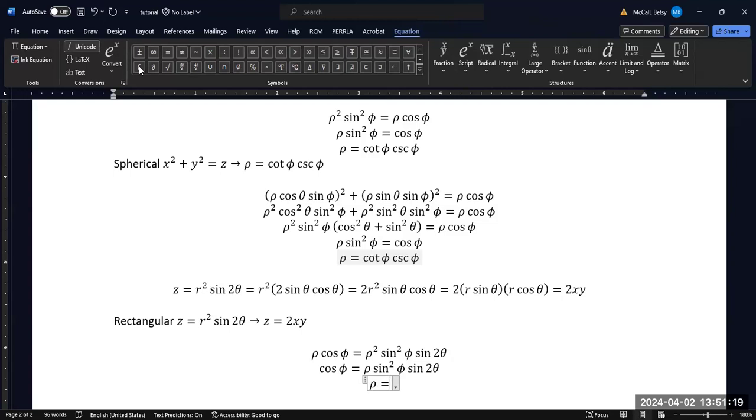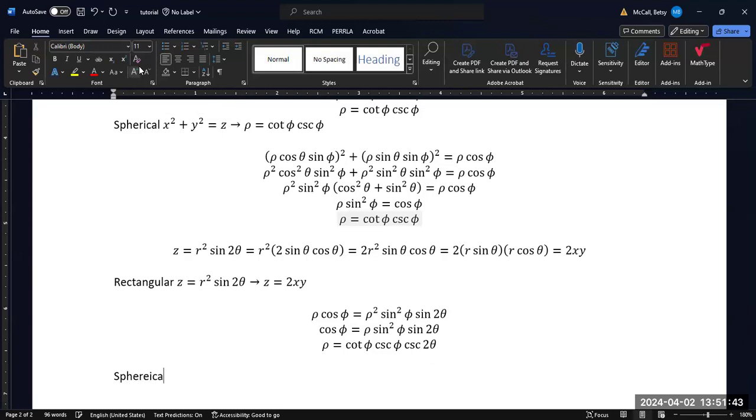Now, cosine phi divided by sine squared phi, we already saw in the previous problem was cotangent phi cosecant phi. But then the sine 2 theta will come over as cosecant 2 theta.